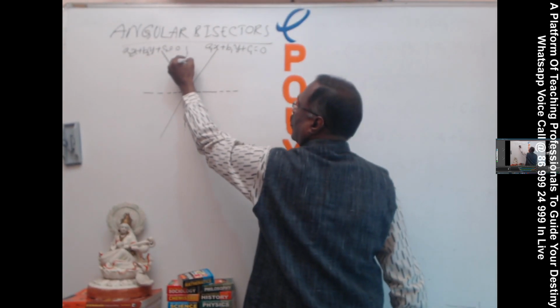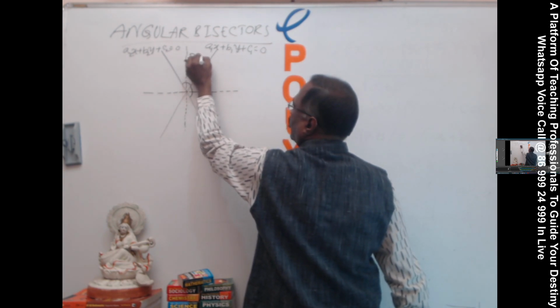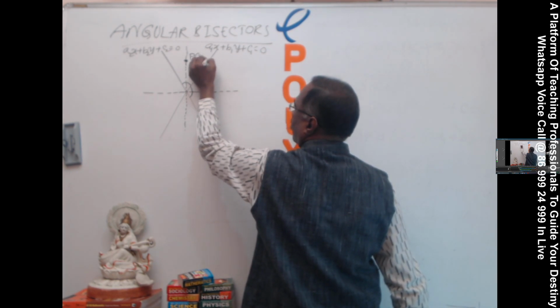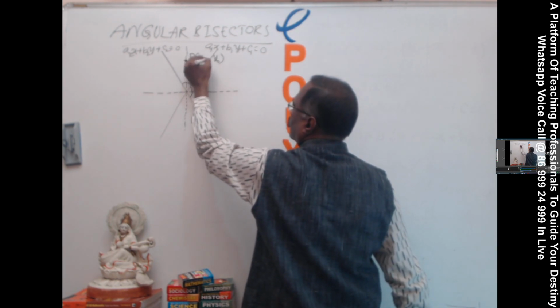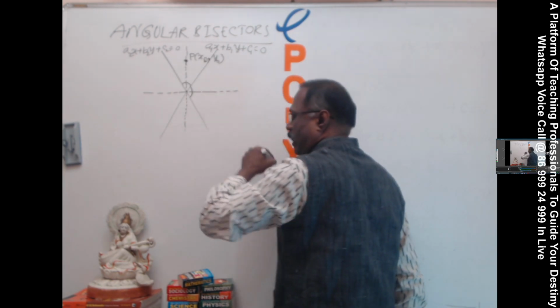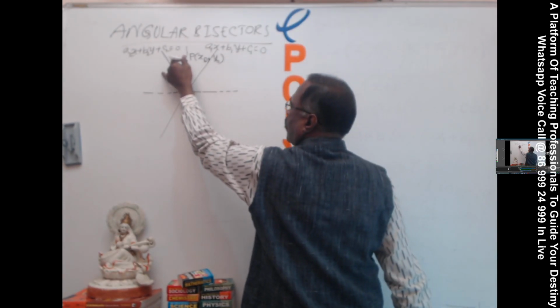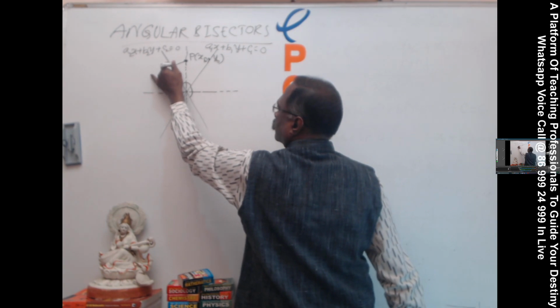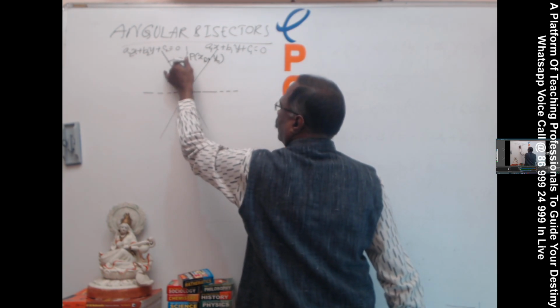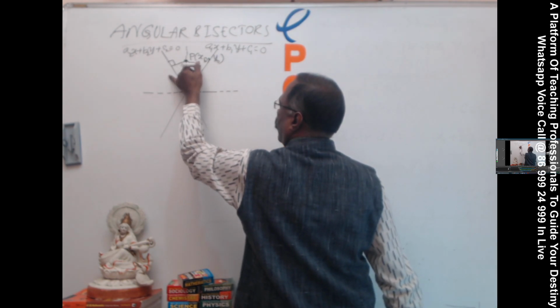If you take any point on the angular bisector, P x naught y naught, let me say, a point on the angular bisector, its distance from the first line is equal to its distance from the second line. Always, please.